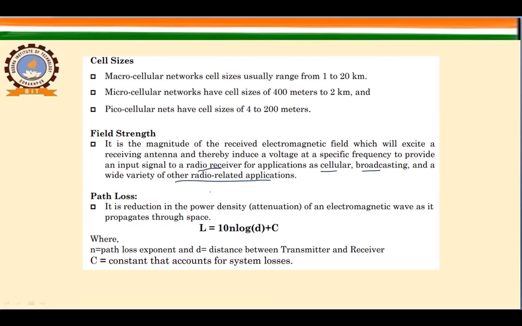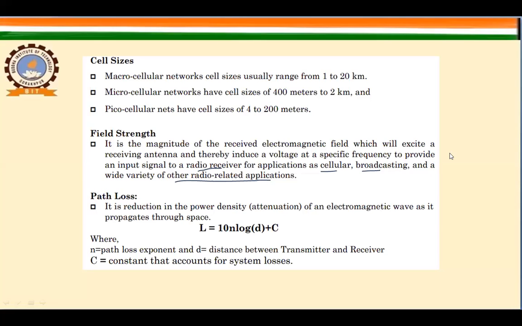Path loss is the reduction in power density, the attenuation of electromagnetic waves as they propagate through space.